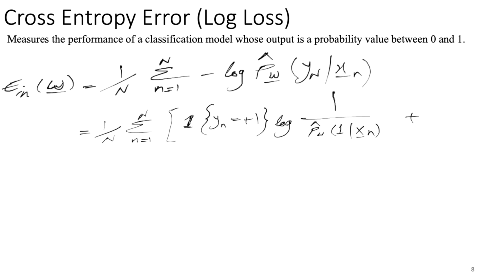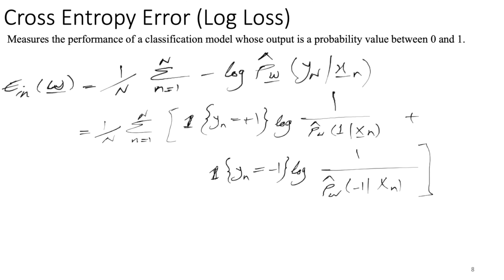So we can expand this for the case. As you know, that was the indicator function. So it's going to return the value: if it was 1, it's going to return it as it is; if it was minus 1, it's going to return it as minus 1. So the indicator function of log 1 over p hat w of 1 given xn, plus the other case, the case that yn was minus 1.